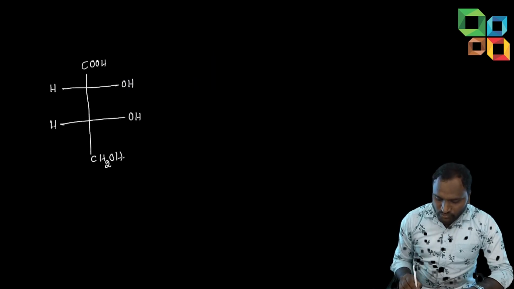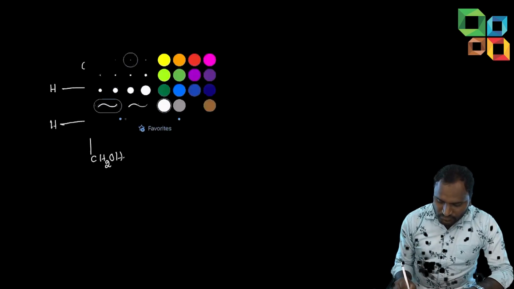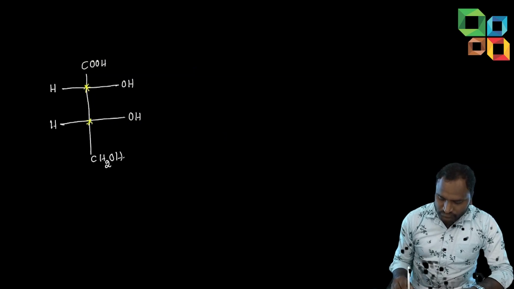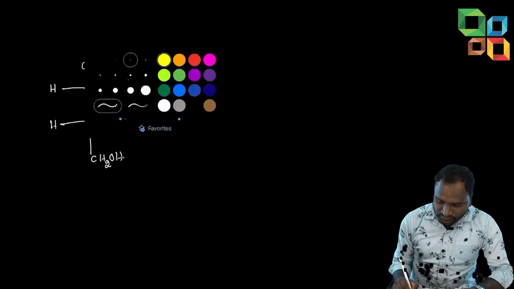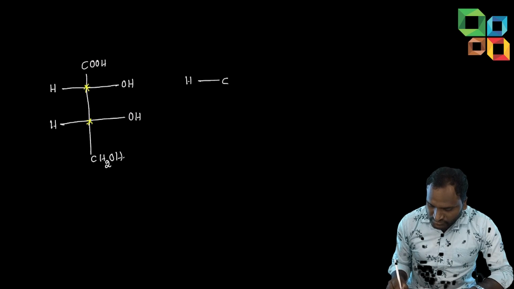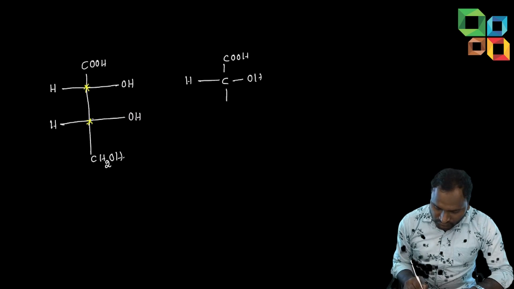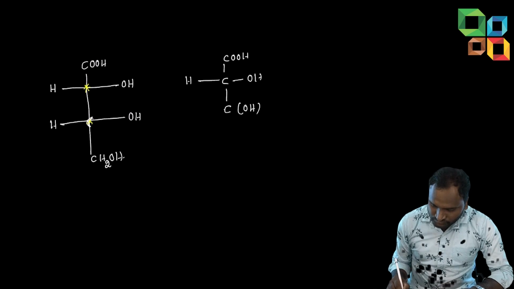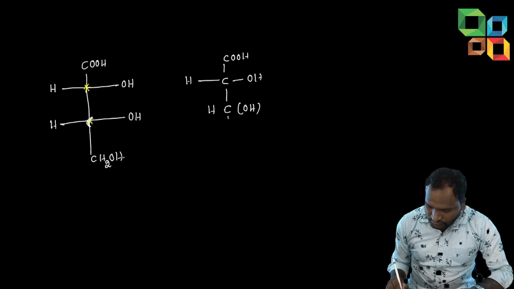Now, what I am doing, this is one carbon, isn't it? Chiral carbon. This is one carbon. So I will write it separately. But this carbon is connecting with the COOH. You just make it parts. And this carbon connecting with the OH, H, CH2OH, isn't it? CH2OH.